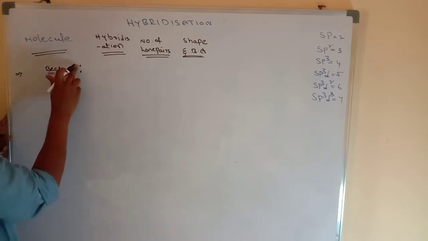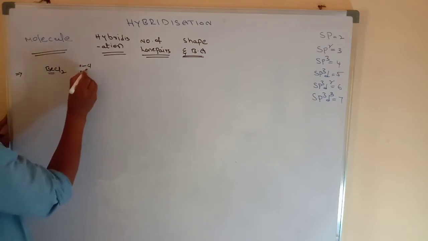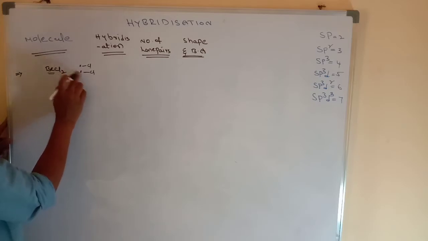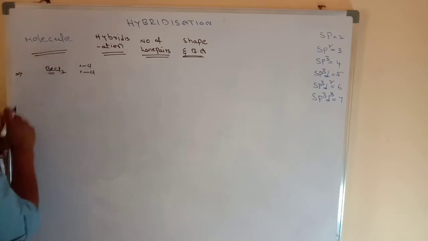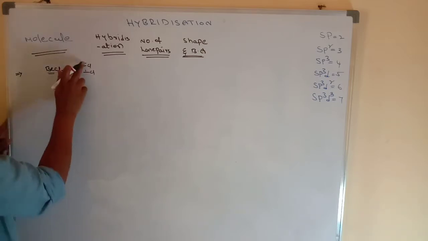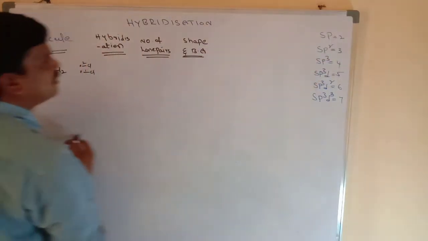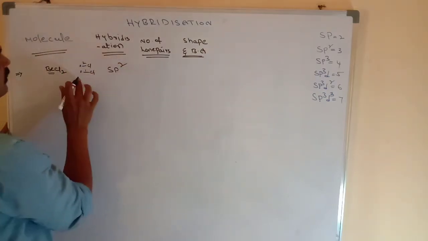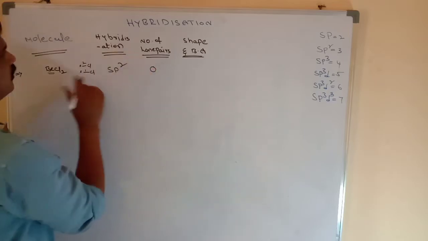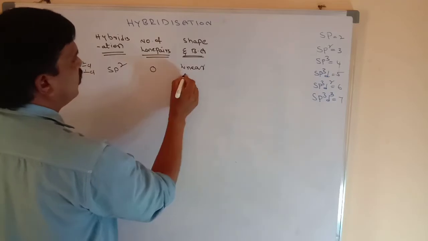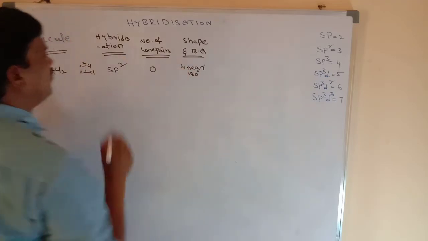Then 2 chlorines are there, each bonding to a dot. Each chlorine gives a single bond; give numbering 1, 2. 1, 2 means the sum of powers is 2, which is sp hybridization. So beryllium chloride is sp hybridized. There is no lone pair. The shape of beryllium chloride is linear and the bond angle is 180 degrees.